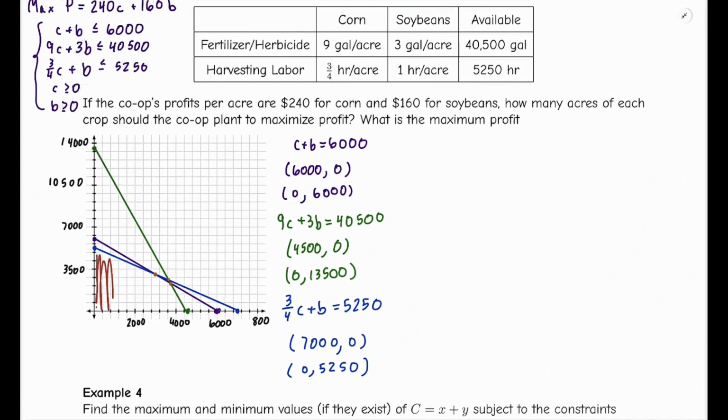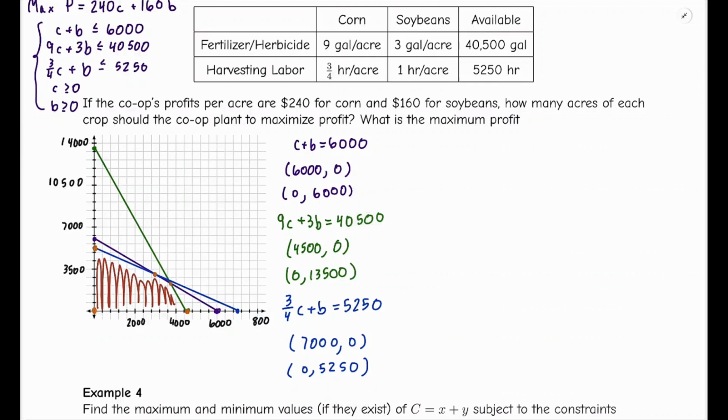So this is our shaded region, which means we are not going to use this orange point on the outside. So actually, let me erase it. There we go. Here's our shaded region again. We get a pentagon again, and that means we have 5 vertices again.